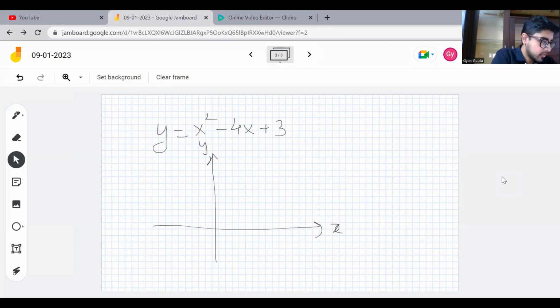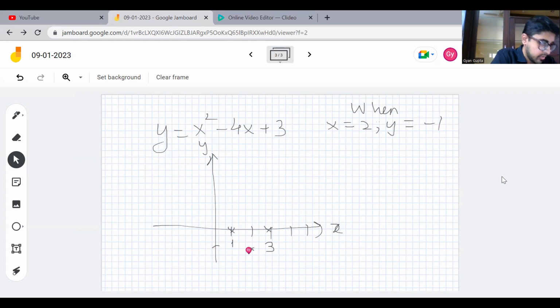We know that at x is equal to 1 and at x is equal to 3, the value of y is 0 and 0. When x is equal to 2, y is equal to 4 minus 8 plus 3, which is minus 1.